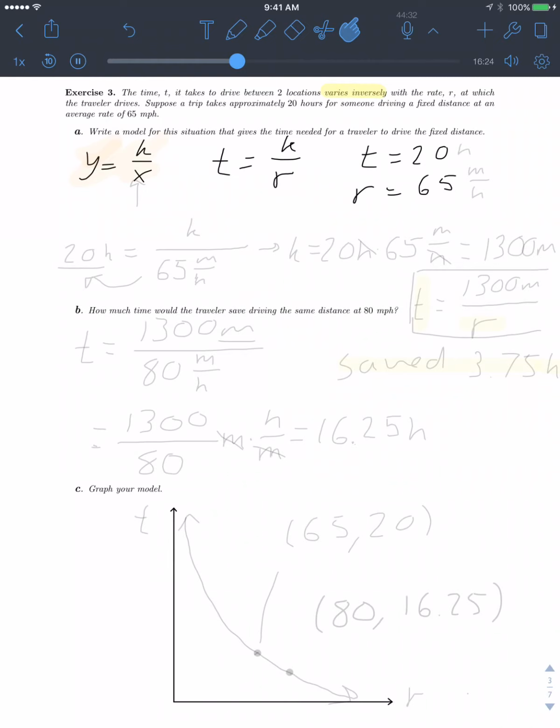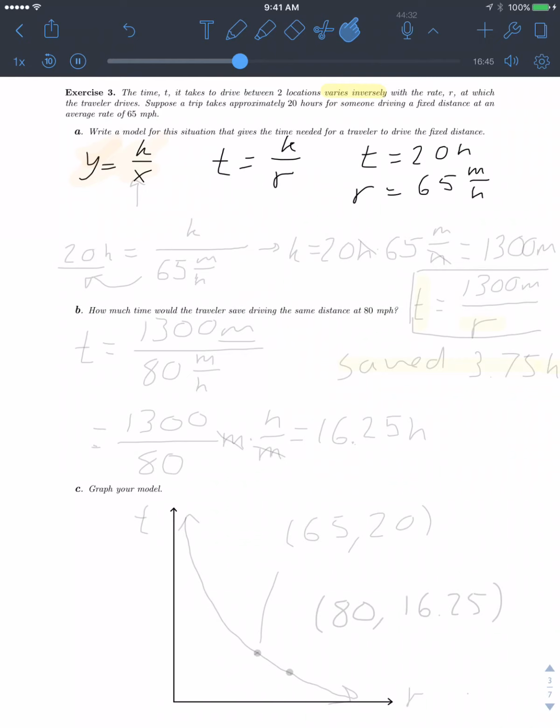Now, just so we stick with some standard physics notation, I'll get rid of hours and miles per hour. I'll instead call this 20h. And miles per hour means we're talking about miles divided by hours.